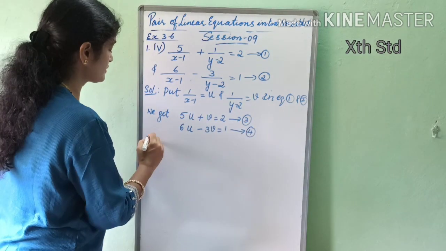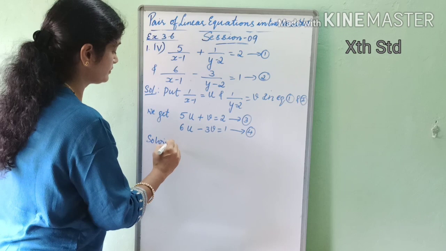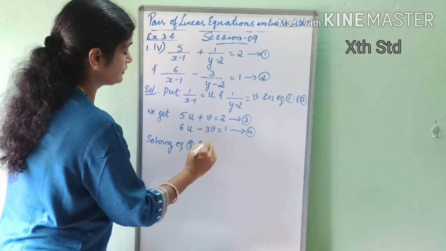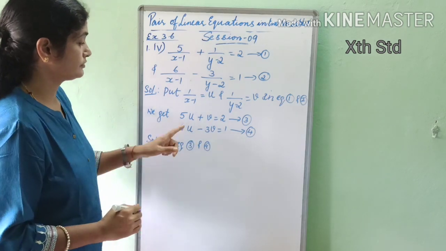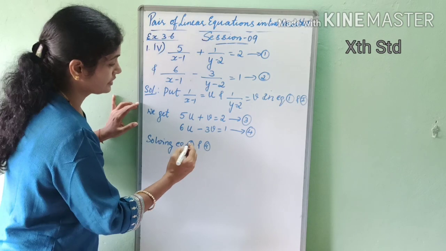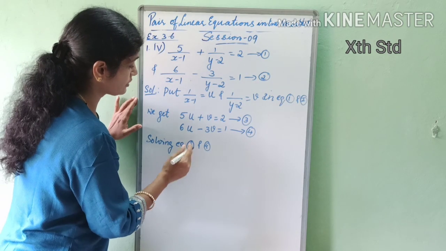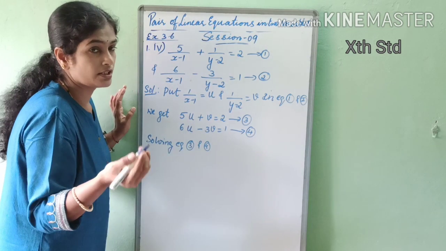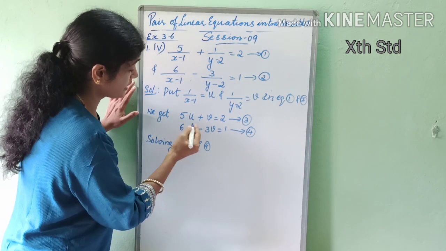Now you solve this. Solve equations 3 and 4 for getting the values of u and v. Any method: substitution method, elimination, or cross multiplication. So we'll see with the elimination method.